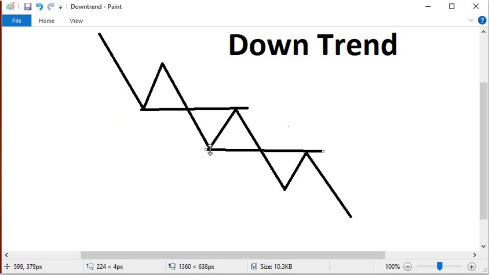It is also called support becomes resistance. It is a flip zone 2. So this is how we draw it in the markets too.